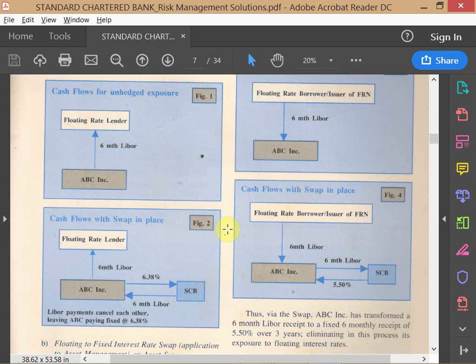In the swap there will be two rates. This is called a fixed for floating interest rate swap, or floating to fixed, or fixed to floating, depending on where you were originally. Here, ABC in figure 2 has decided to pay on an IRS.